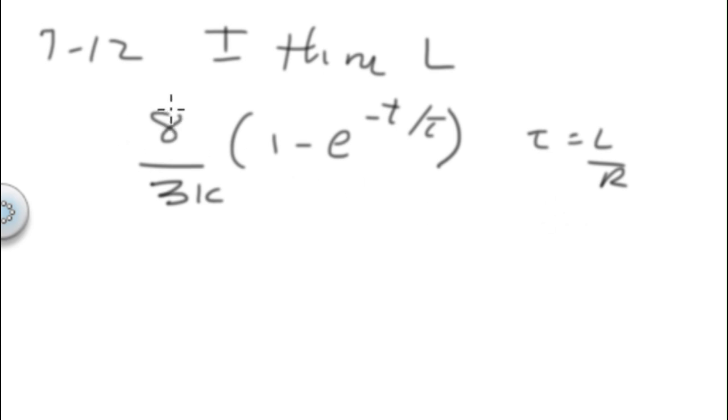So it's 8 volts divided by 3K times this equation, where our L is 100 times 10 to the minus 3, and our R is 3K. So that's going to give us our tau.